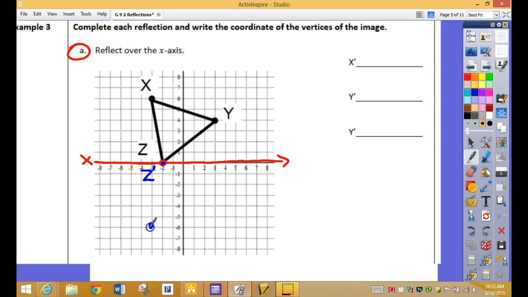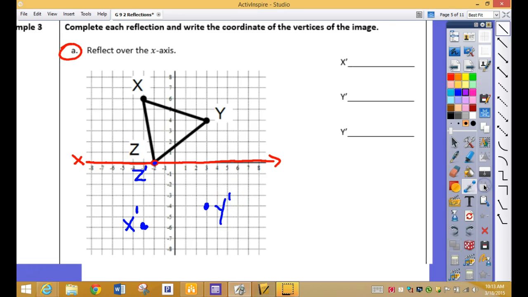There we go. So X prime, make sure you label these so you know what your new images are. Now let's do Y. We are 4 above the x-axis, you got to go down 4. Now this one's Y prime. Connect your new figure.